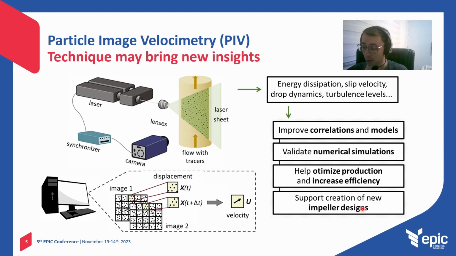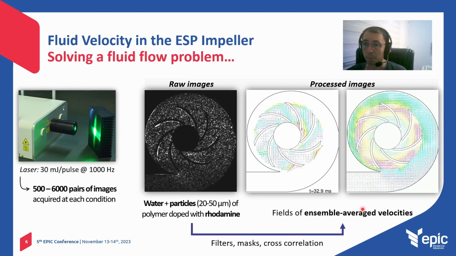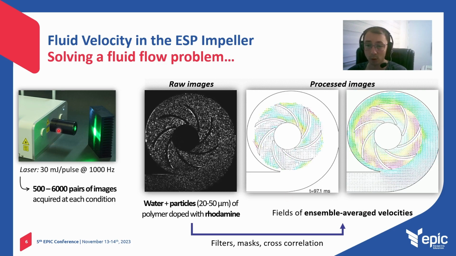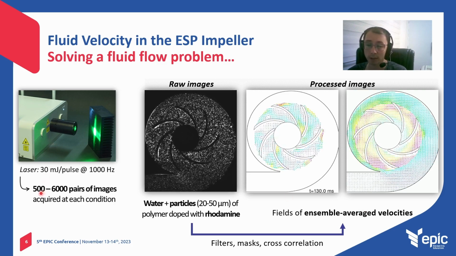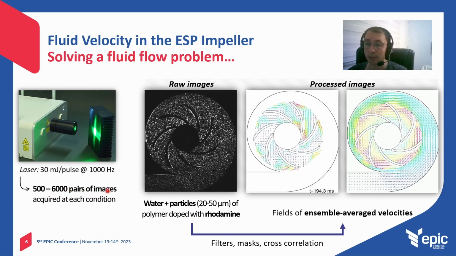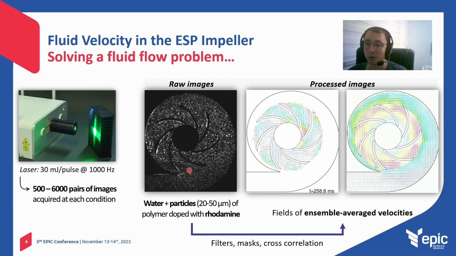So this is the whole context of using visualization methods to understand the flow inside the pump. And we do it by using a laser to illuminate the flow. Then we acquire from 500 to 6,000 pairs of images. And these images are more or less like these ones here, okay?